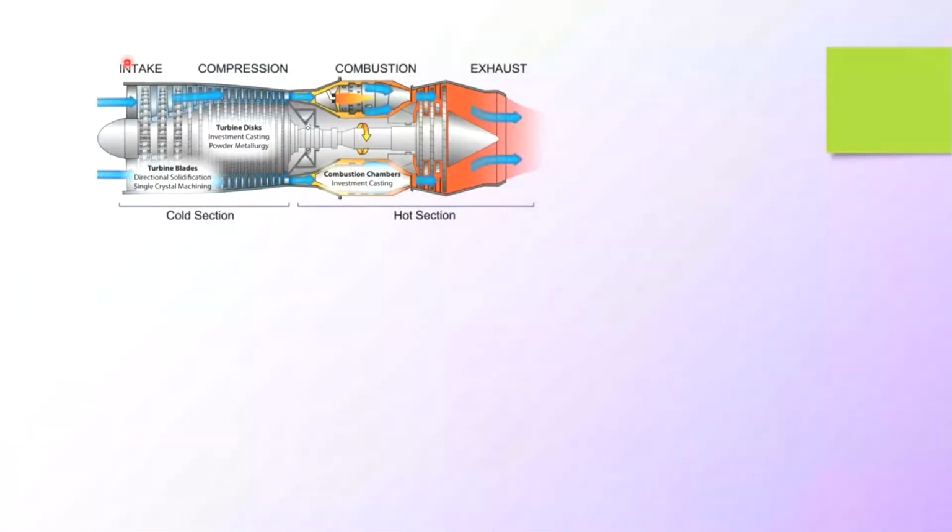This is a diagram which I have taken from Wiki. This is a jet engine. Looking at this diagram, you have intake, then compression, then combustion, where burning takes place, and after that the exhaust, hot gases at high speed.